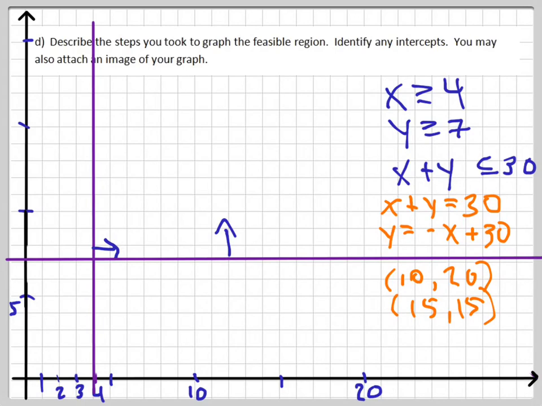That would be 15, 15, that's here. And then if x is 20, y would be 10. I think that one will work as well. Okay, 20, 10. Let me put a line through those points.